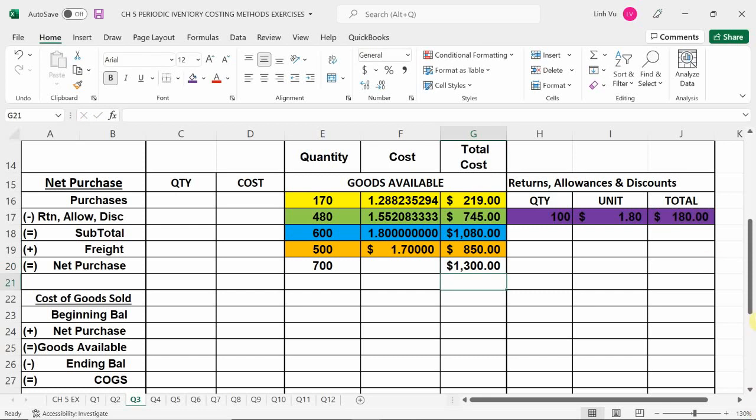So what's my new cost per item? Because I have a new quantity and a new total cost.